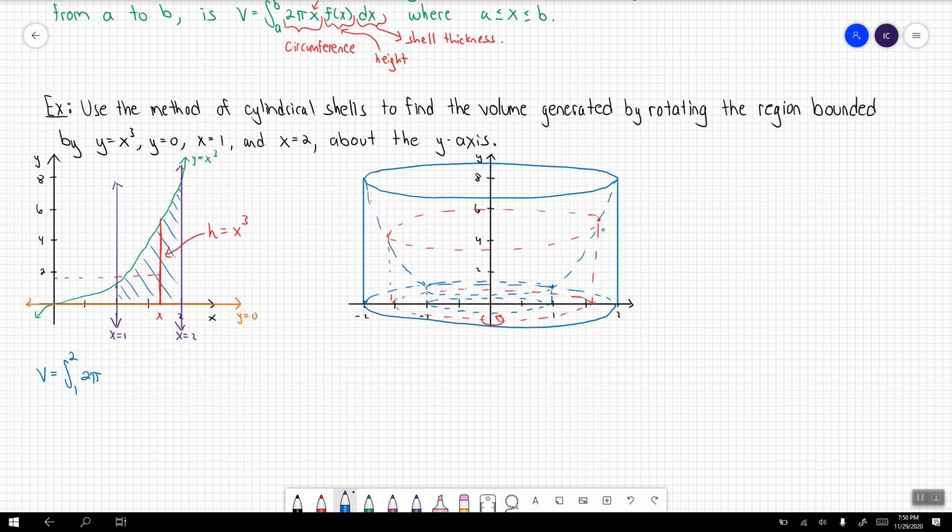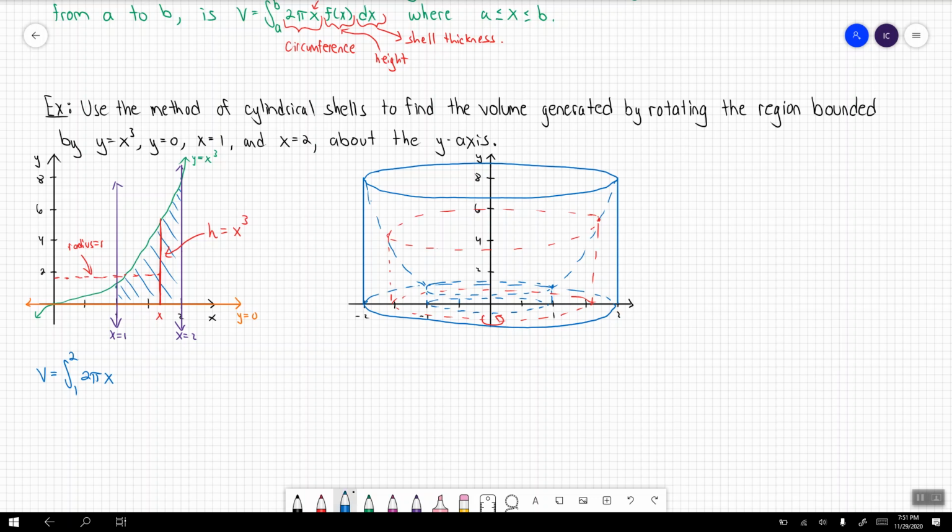The circumference is given by 2 pi times x, where x is the sample point inside of that interval. So there's my radius, r. In other words, that's just your sample point, x.